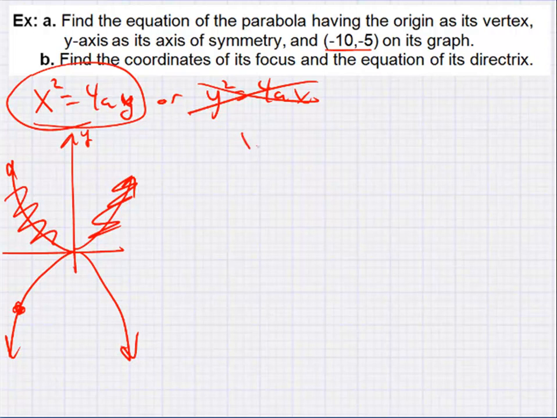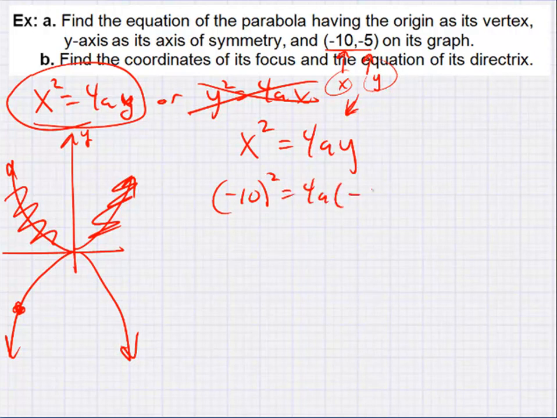So how do I use this equation with this point to find the actual equation of the graph? Well, this is an x-coordinate, this is a y-coordinate, right? They have to satisfy this equation. What I really need to know is what a is. If I plug this in for x and this in for y, I can solve for a, and I get -10 squared equals 4a times -5.